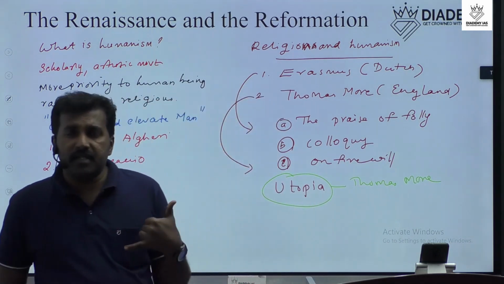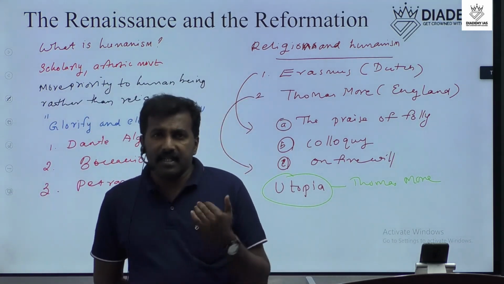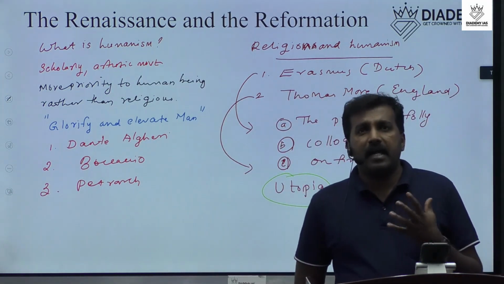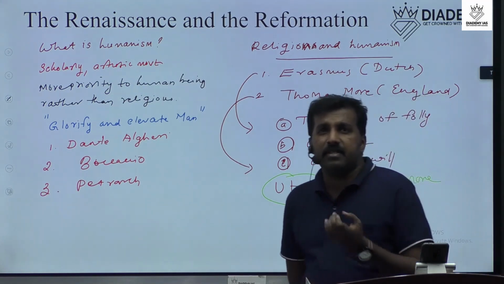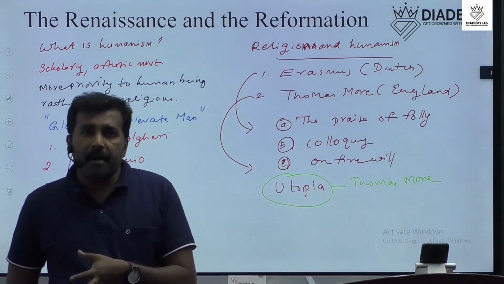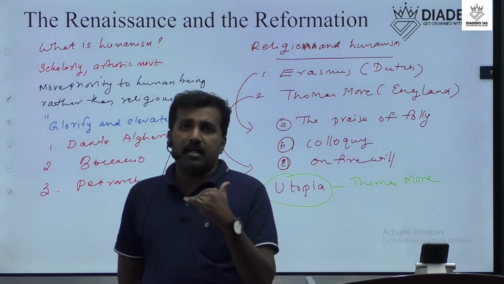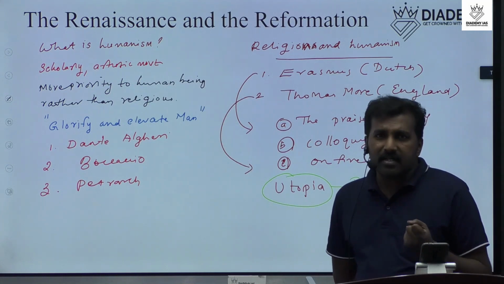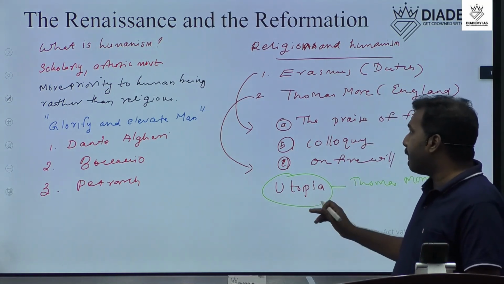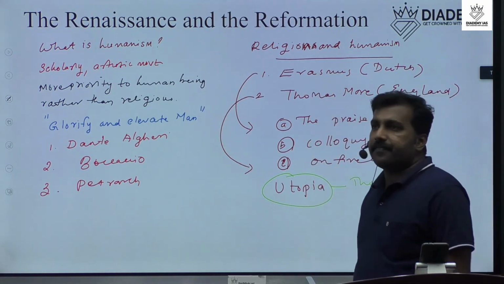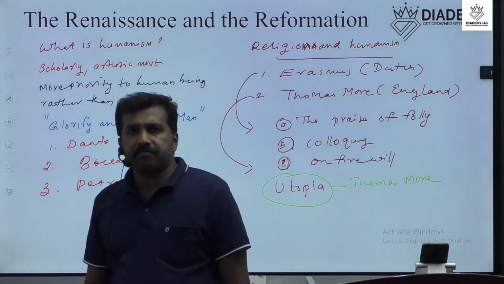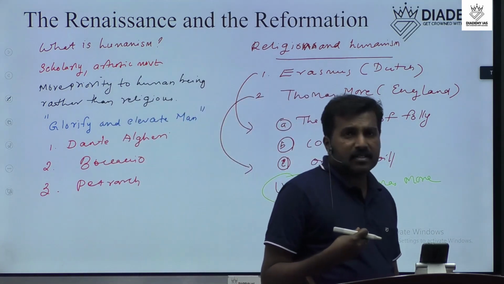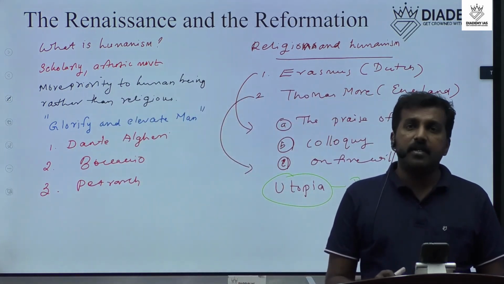And through this work, Thomas More explained that in this island, the people are living with equality, without religious roles, without any partialities, superior or inferior type of mindset. All people are living equally. That is Utopia. So all these literary works highly influenced the common people, and it was the main reason behind the change of society.